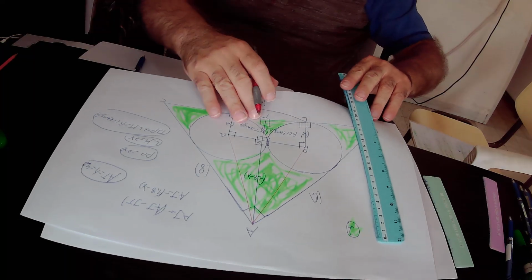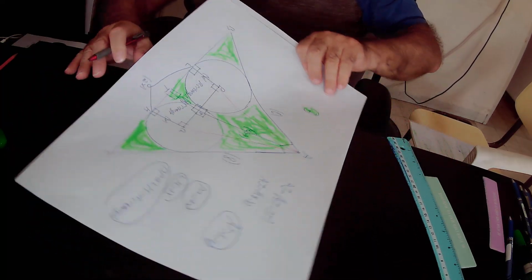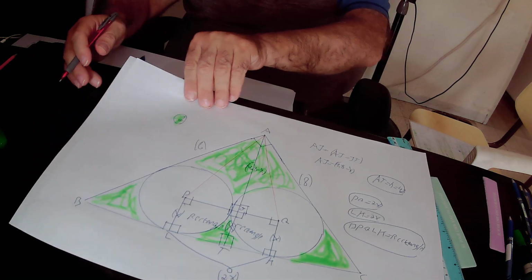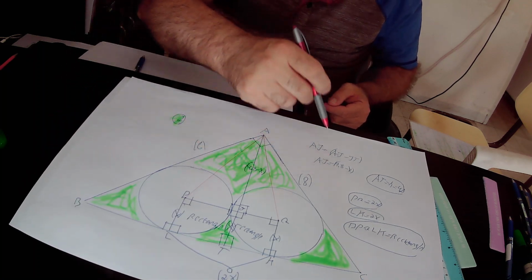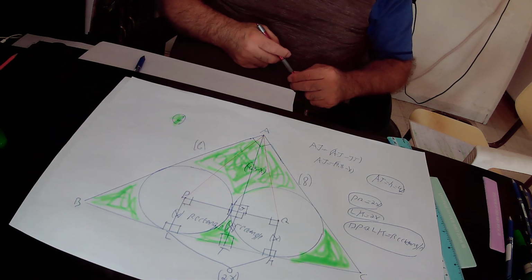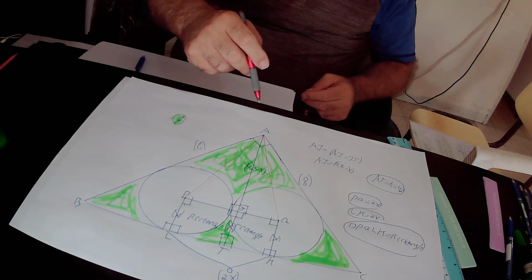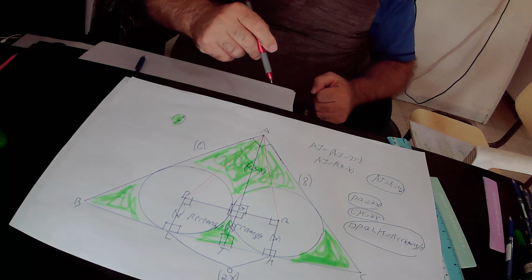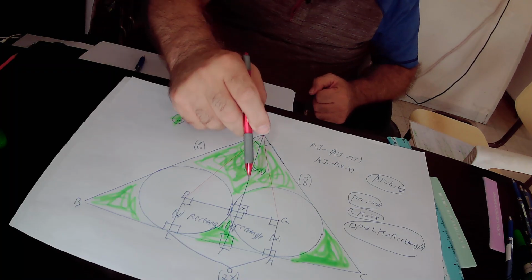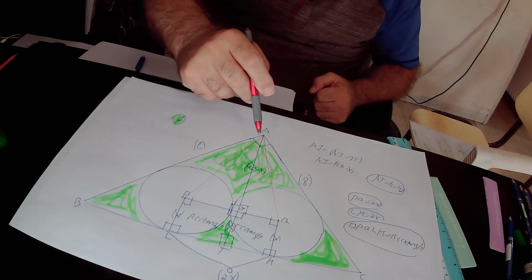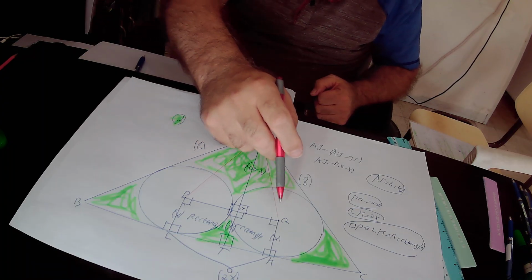Doing those constructions, we get triangle APQ. If we take the base of triangle APQ as PQ, then the height to the base will be AJ. Why is AJ the height? Because it creates 90 degrees with the base PQ.